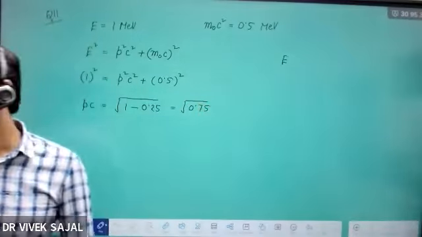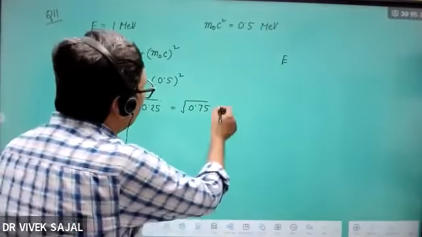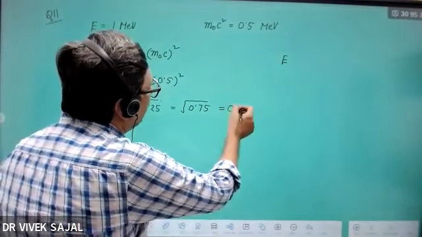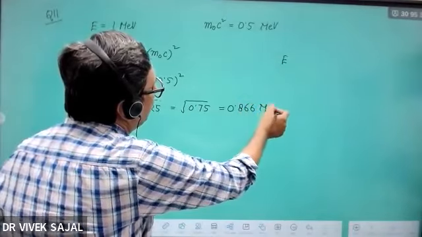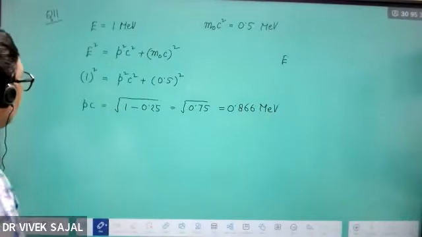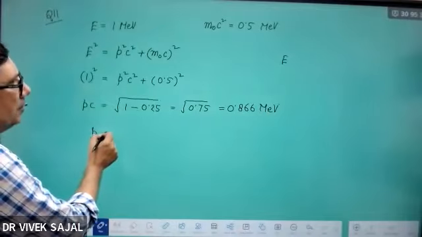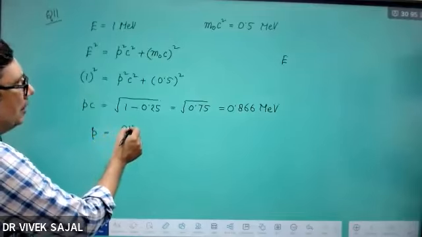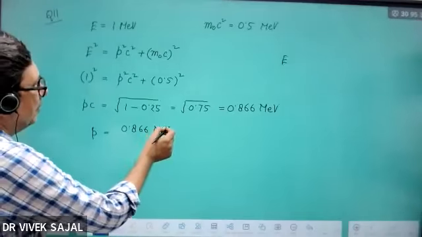This will be 0.8 something; if you calculate it, this will be 0.866 MeV. So from here, P will be equal to 0.866 MeV by C.